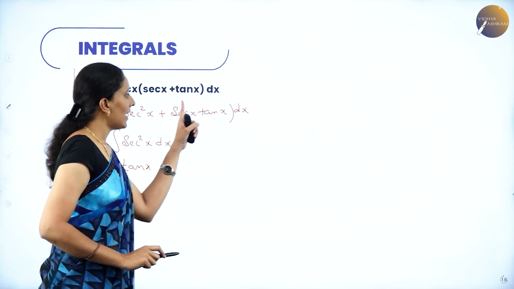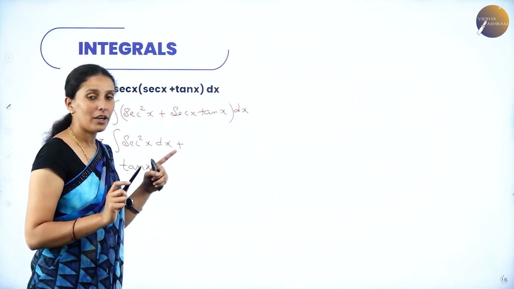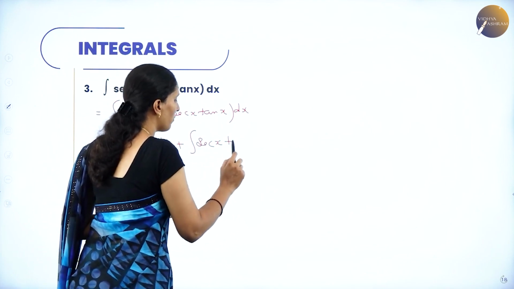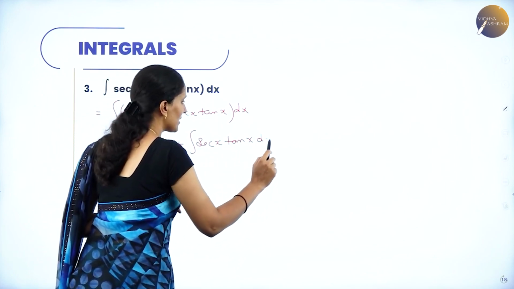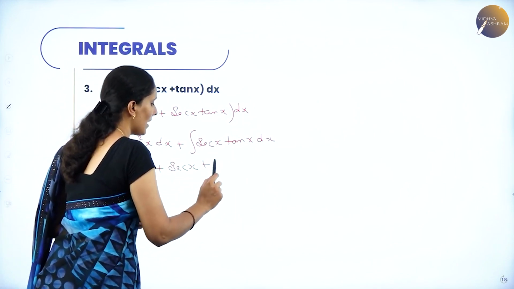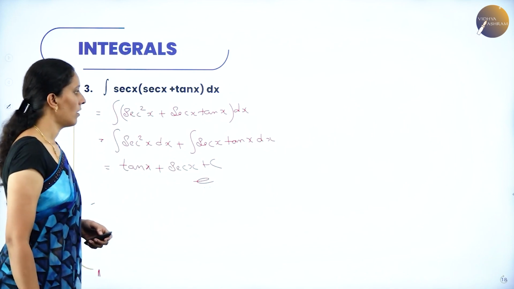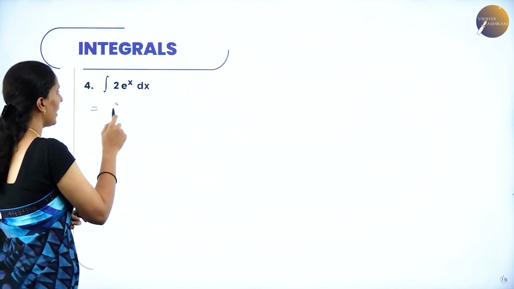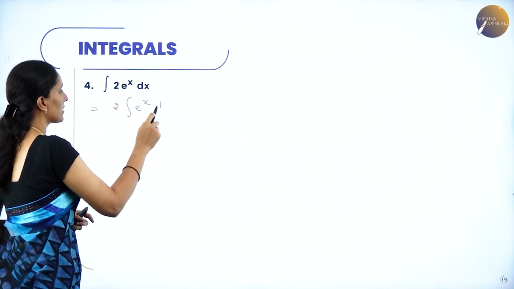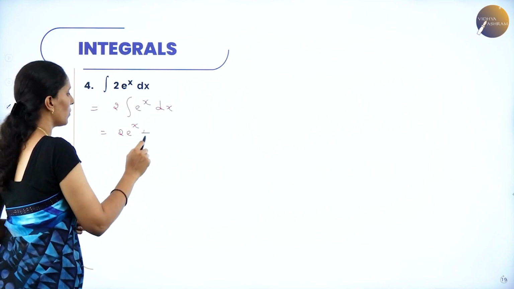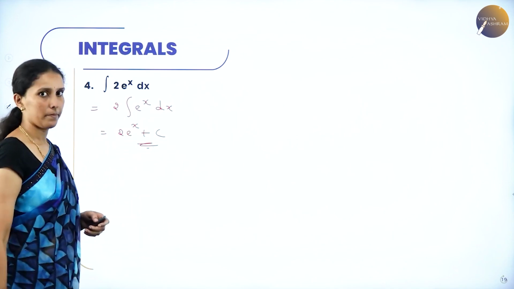Next, secant x tan x is the derivative of secant function. Therefore, integration of secant x tan x dx can be written as secant x function plus c. Next, 2 into e power x. Take 2 outside, e power x dx, and integration of e power x is e power x only. So 2 e power x plus c.